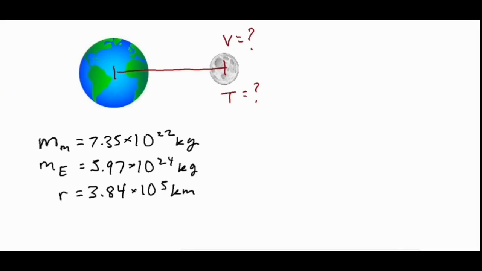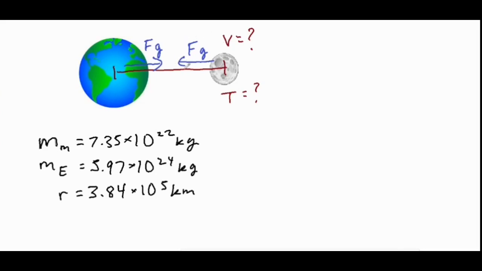In this case, we have two objects that have an FG, force of gravity, pulling in towards each other. We have the force of gravity of the Earth being pulled this way, and then we have an equal and opposite force on the Moon being pulled in that way. Now, because the Earth is significantly larger in mass, the Moon is the one that seems to get most of the effect as far as the acceleration and velocity, but both of them get the equal force of gravity.